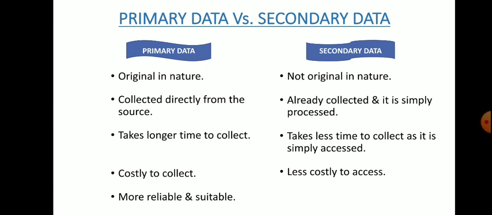Now, primary data may take longer time, it may be costly, but the very important thing is that primary data is more reliable and suitable compared to secondary data. Secondary data is less reliable and suitable. It is not that we cannot rely on it, but still it is better if you collect those data on your own.